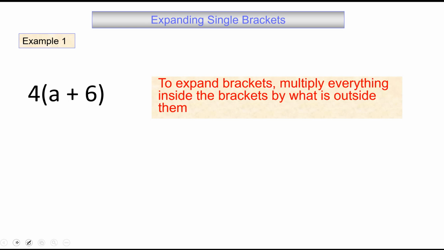So here we have 4 open bracket a plus 6 close bracket. So this a needs to be multiplied by the 4, and this plus 6 also needs to be multiplied by the 4. And we do this in stages. So first of all, do 4 times a, which will give you 4a.